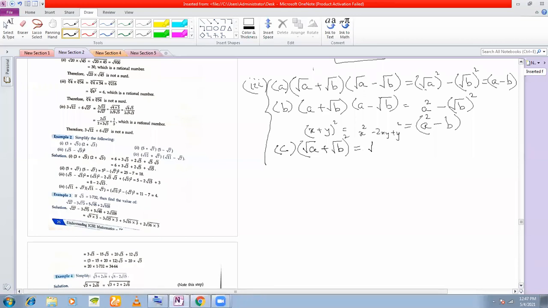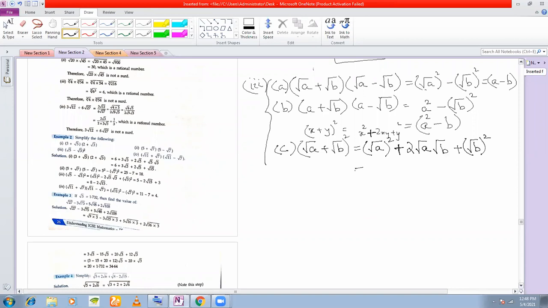What is x here? x is root a, y is root b. This is x square plus 2xy plus y square.